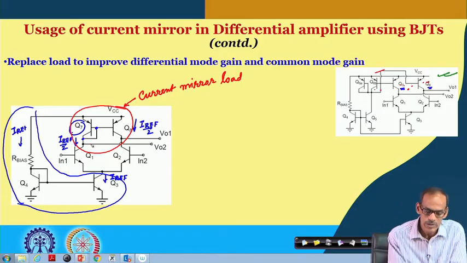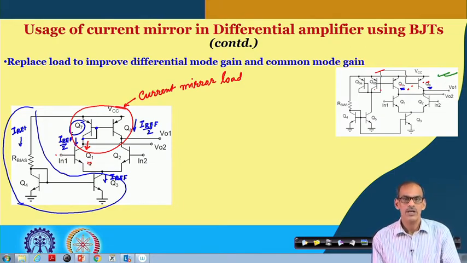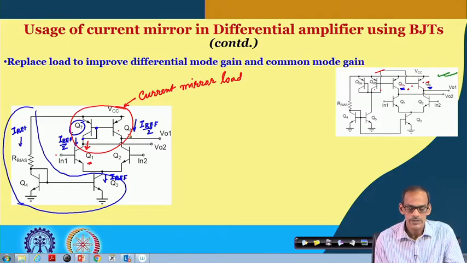In contrast to that, in this case, whenever we apply a signal, transistor 1 has, say, a current signal, and that signal is also getting mirrored into transistor 8, and there will be a direct impact or consequence on the differential mode gain and current mode gain.